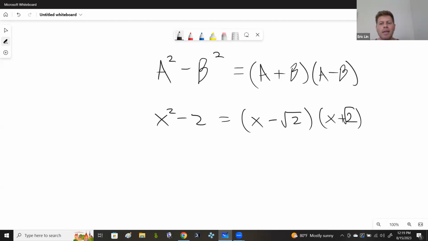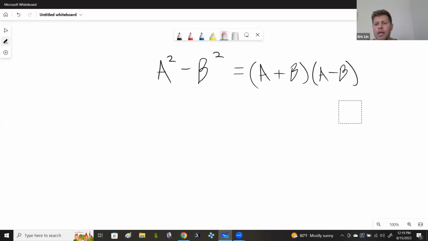It's not pretty, but technically it is correct. Generally speaking, your teachers will likely not give you that sort of thing on a test or a quiz. They will make sure that the factored pieces look nice. Maybe they'll have fractions, but they probably won't have decimals, and they probably won't be square roots.